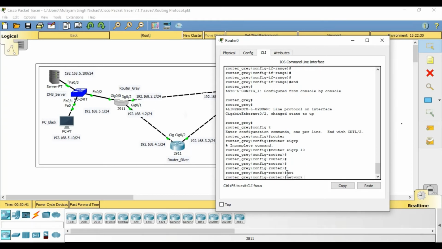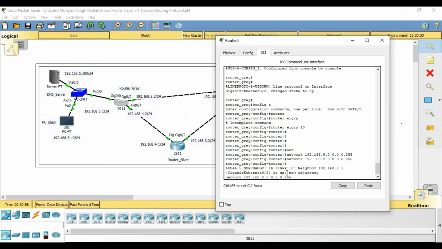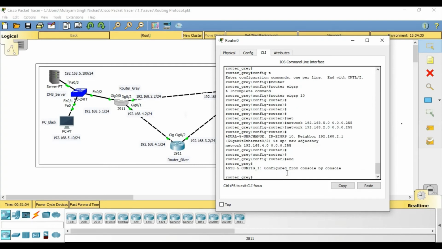So the assigned network is 192.168.5.0 and the wildcard mask is the same because it is /24, 2.0 and 4.0, sorry. Okay, that's it.